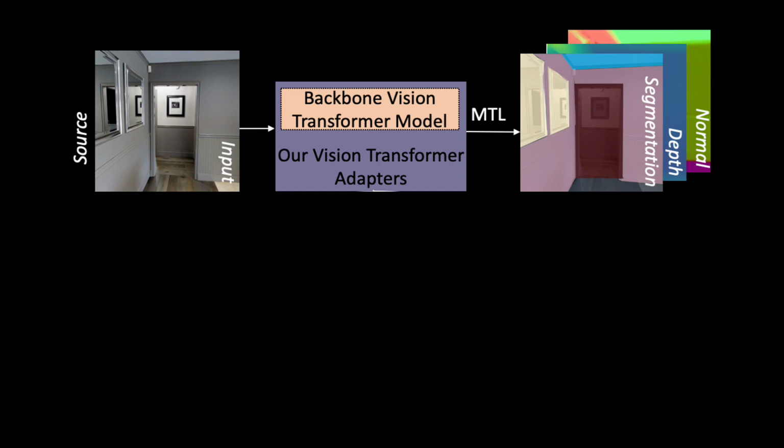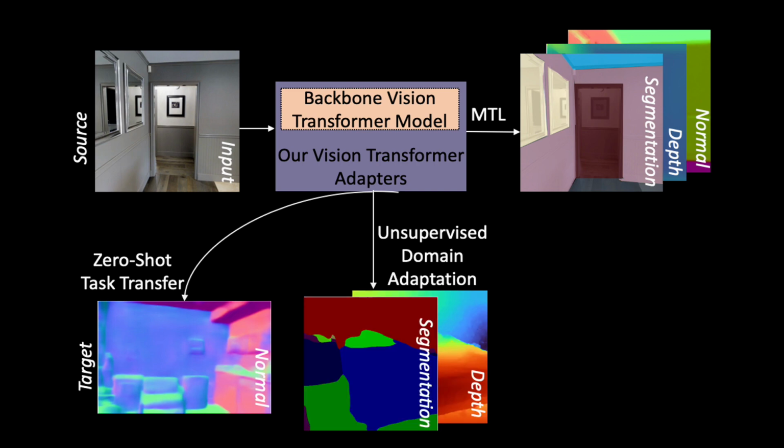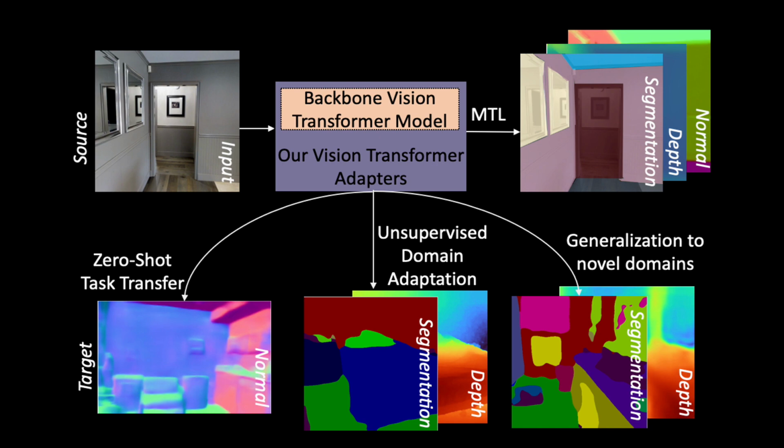Our model does not need retraining or fine-tuning, and it can achieve multitask learning, zero-shot task transfer learning, unsupervised domain adaptation, as well as domain generalization without fine-tuning, provided that the domains are not extremely disparate.